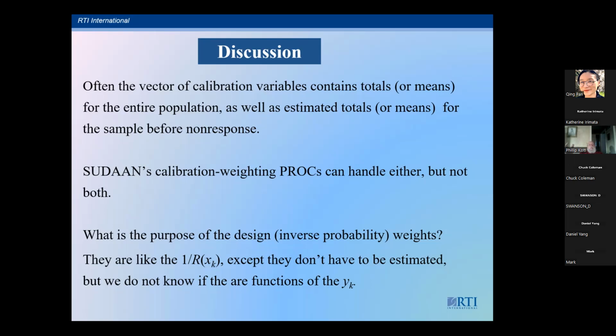Informative sampling is sort of the same as non-ignorable sampling. So if the sampling is not ignorable, you've got to put weights in because we don't know if the sampling is related to the Y's, and we stick these in to hope it fixes it. Just like in calibration, we stick 1 over Rx to hope to fix response. We fix sampling by sticking weights in.